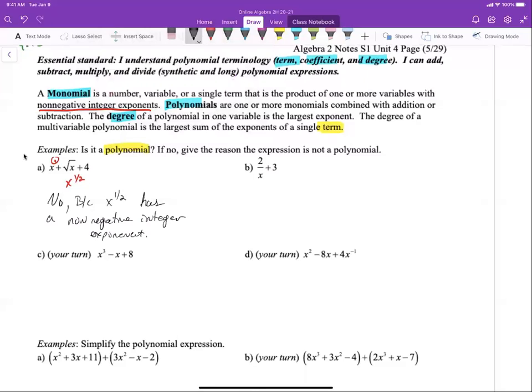Okay, what about this one in B? Well, that is the same as 2 times x to the -1 plus 3.